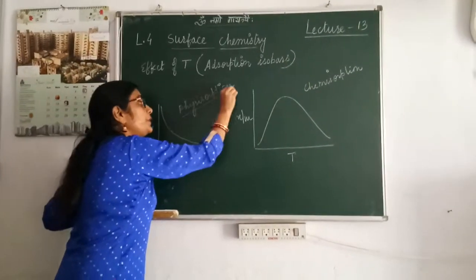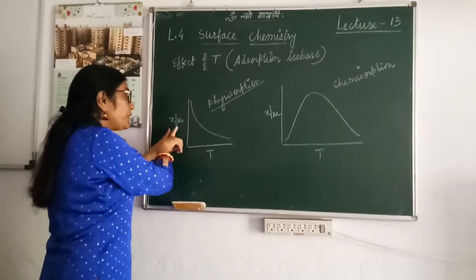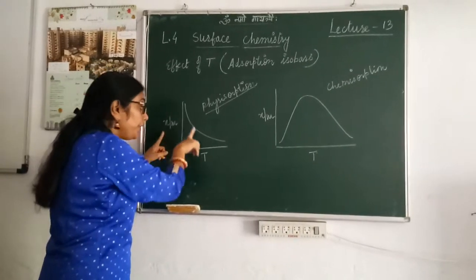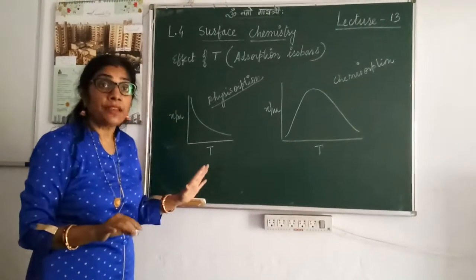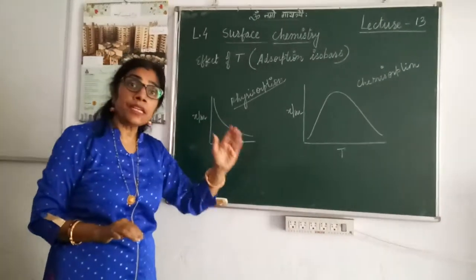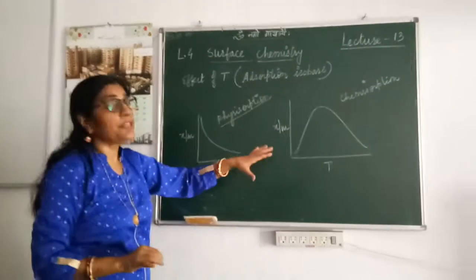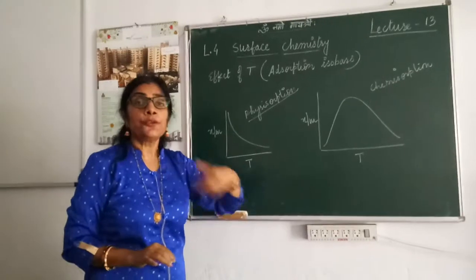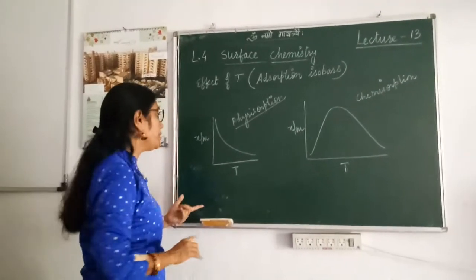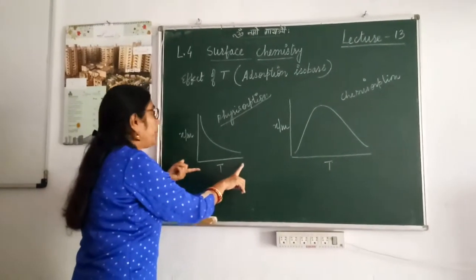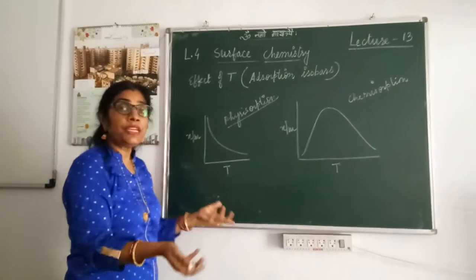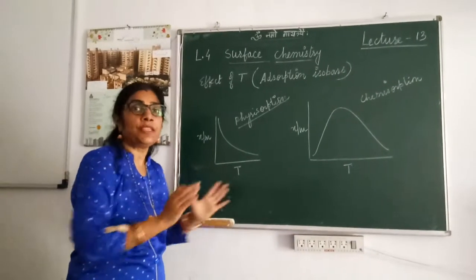In case of physisorption, you can see the extent of adsorption decreases with increasing temperature. As we discussed in our previous lecture, the process of adsorption is exothermic. So according to Le Chatelier's principle, with an increase in temperature, the extent of adsorption decreases. So it goes as per the law.